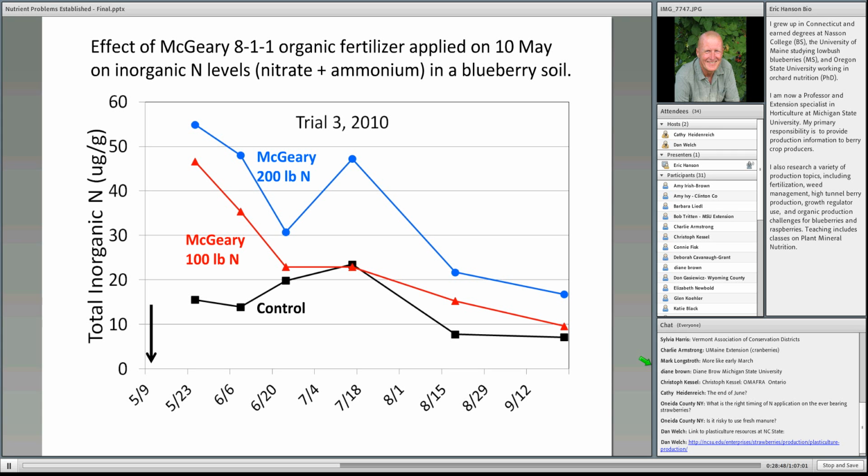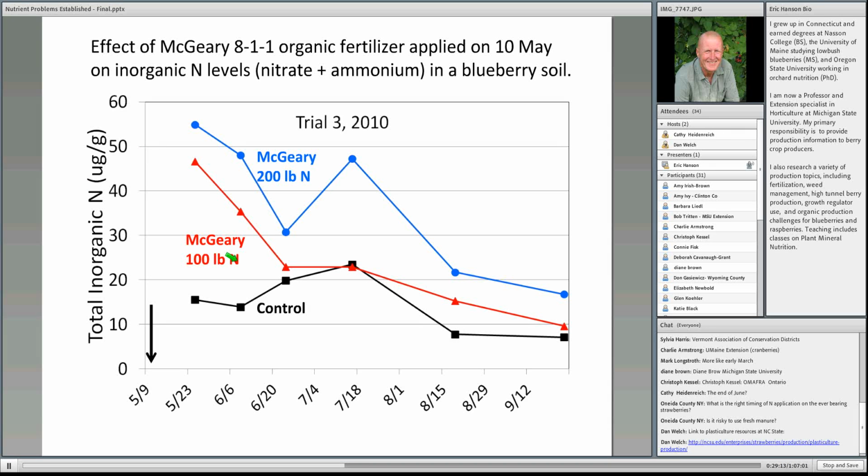This McGarry's soy-based 811 organic fertilizer was applied on May 10th, and then we simply watched the total inorganic nitrogen, so the ammonium and the nitrate levels, in the soil profile after application.